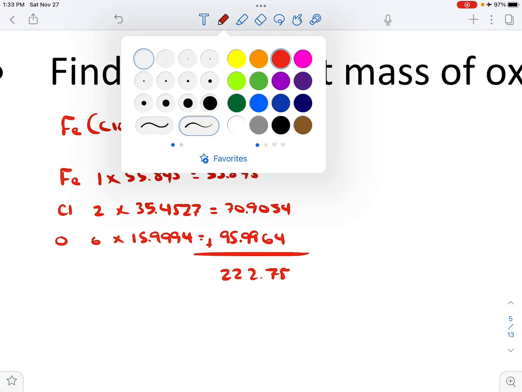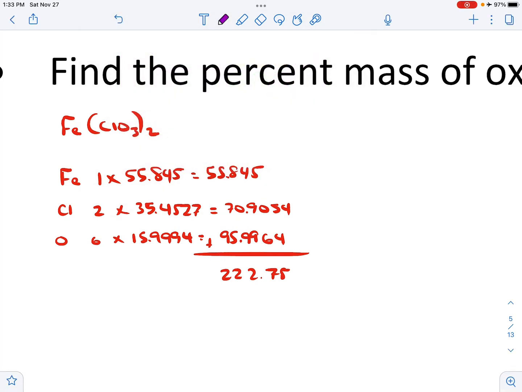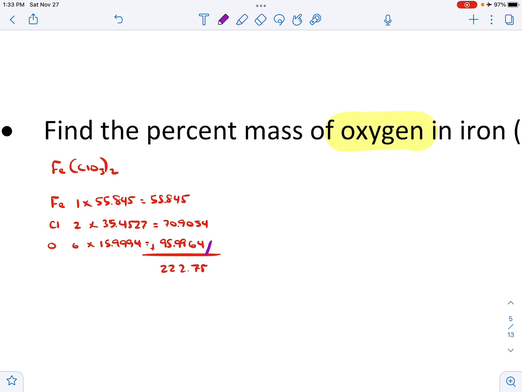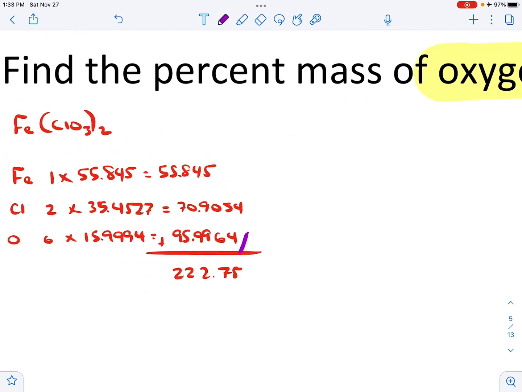So our next step, now that we found molar mass, is to divide. Since we're just looking for oxygen in this case, we're going to take 95.9964 and divide by 222.75, then times that by 100, and that's going to be our mass percent of oxygen.